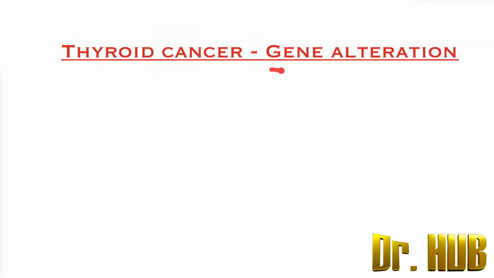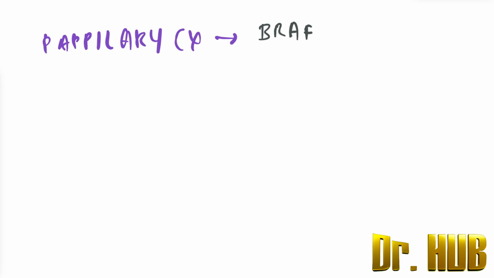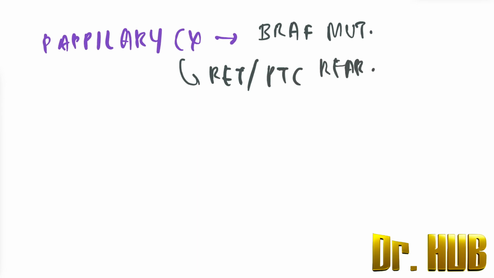Thyroid cancer, and you're looking at the gene alteration. In terms of papillary carcinoma, here it is the BRAF mutation, and there is also the involvement of RET or the PTC rearrangement.